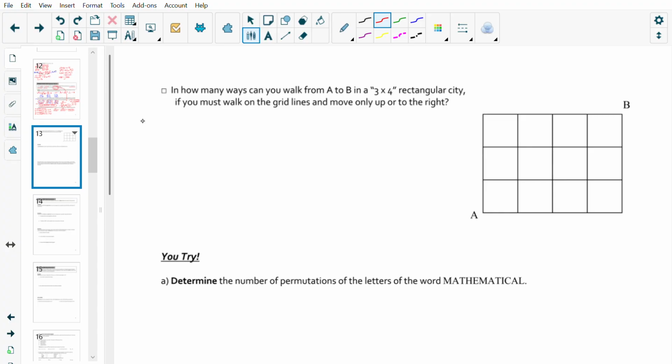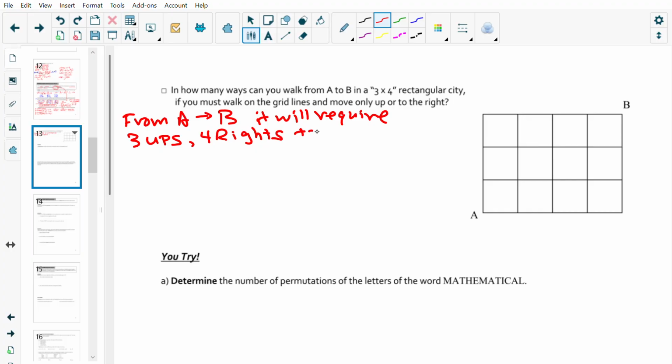So from A to B, it will require 3 ups and 4 rights to get to B. No matter what path you choose, as long as you're always moving closer to B by either moving up or to the right, you will have to go up 3 times and right 4 times.